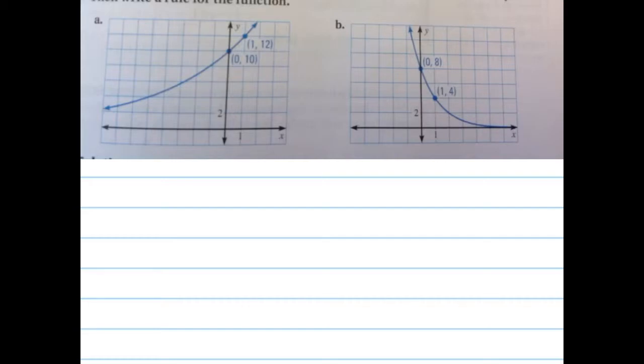We look and see if the graph is increasing or decreasing. Growth is obviously increasing, and decreasing is obviously decay. So, which one of these is growth and which is decay? Well, if you said that A was growth and B was decay, then you're right.